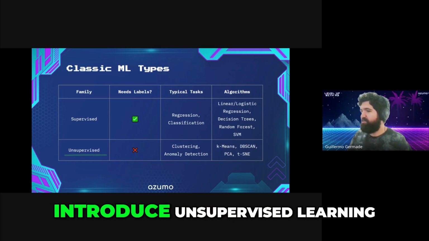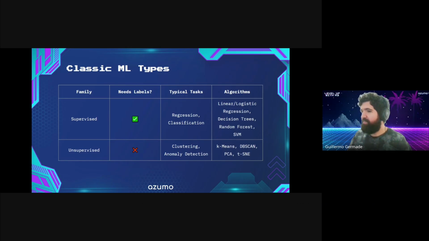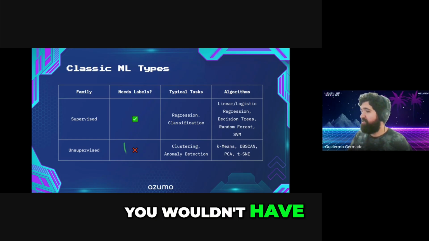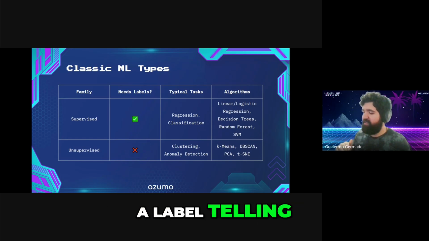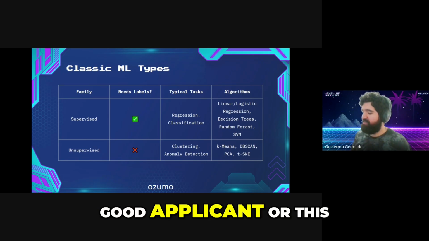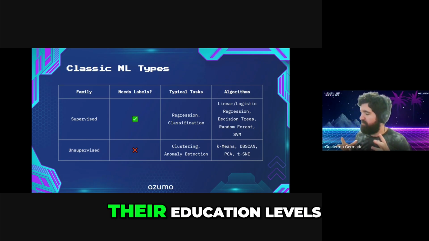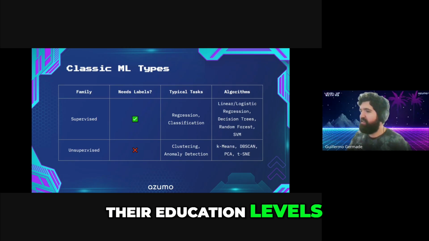Well, and now to introduce unsupervised learning, it's for data where you don't have labels. Like if you had a set of loan applicants, you wouldn't have the decision variable. You wouldn't have a label telling you this was a good applicant or this was a bad applicant. You just have their credit score, you just have their education levels.